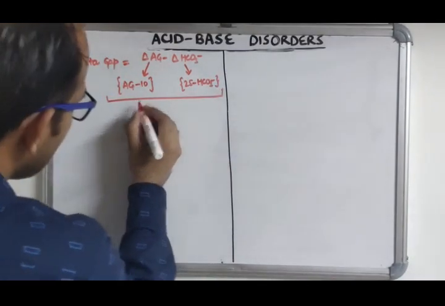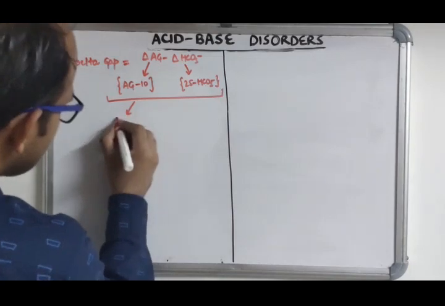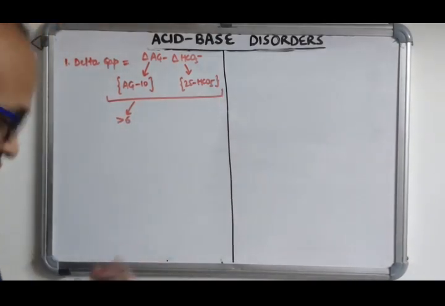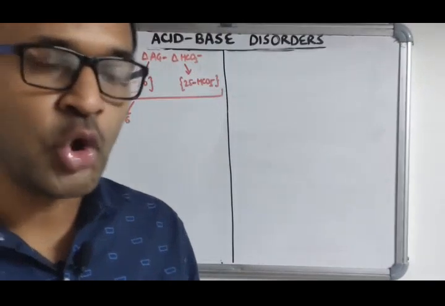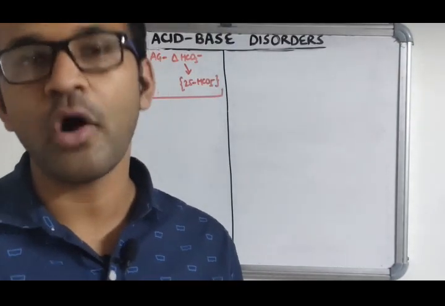So what if this ratio, if this gap is more than 6? What are its implications? Usually in a patient with high anion gap metabolic acidosis, as I've told you, the term high anion gap is often used in the context of metabolic acidosis.